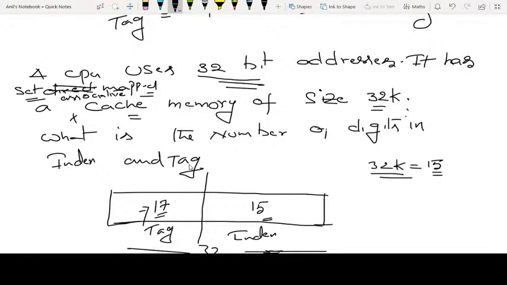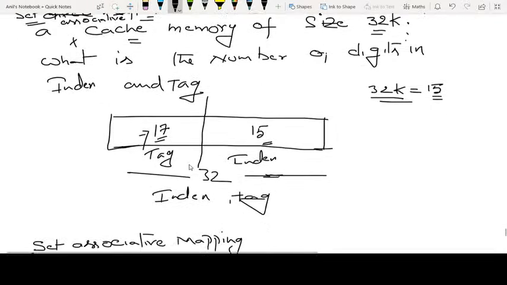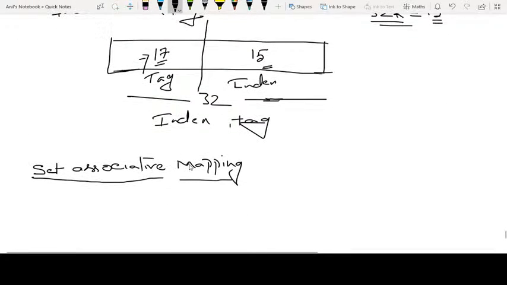In this case the cache is designed by using the set associative mapping technique. Now, when it goes to set associative mapping, stay focused carefully. The procedure will be one and the same till you divide the index and tag. Index will initially be 15 digits and the tag will be 17 digits.